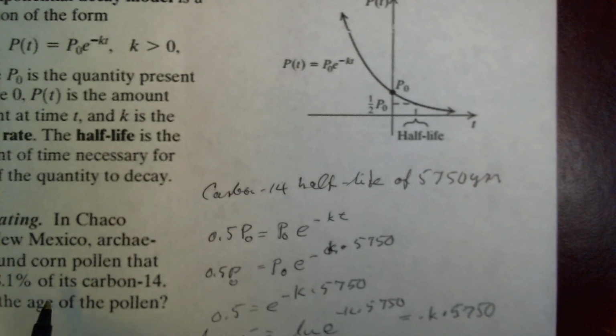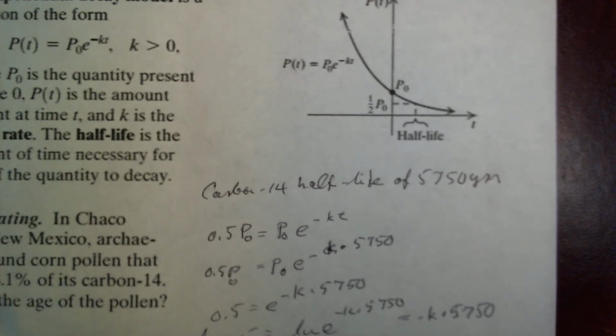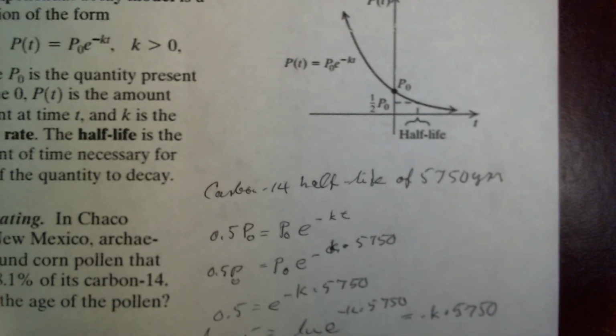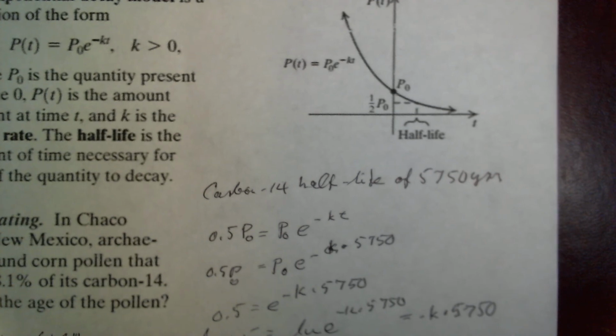Now we ask about the pollen that lost 38.1% of its carbon-14. So in other words, 100% minus 38.1% is equal to 61.9%, or 0.619. So that's what's left over after a certain period of time, t.